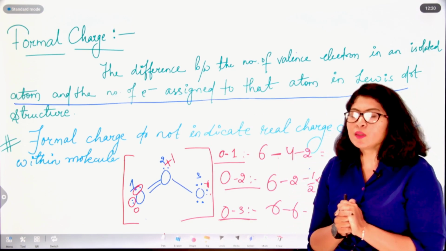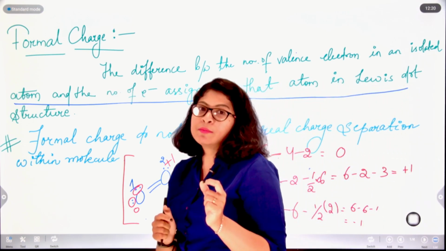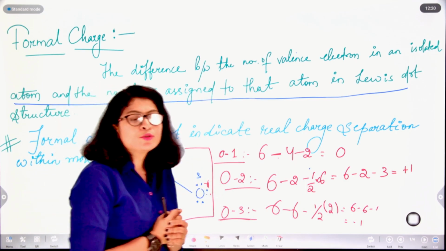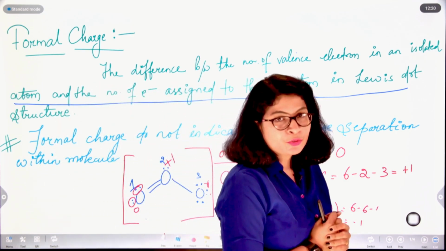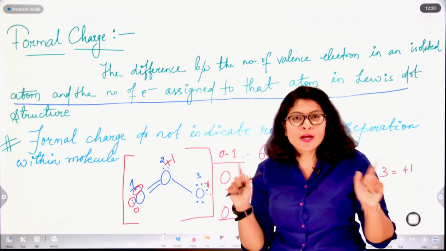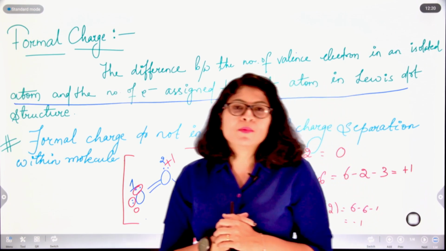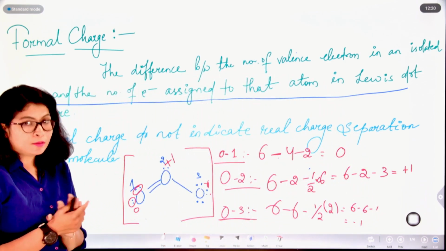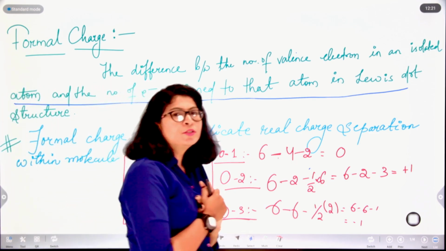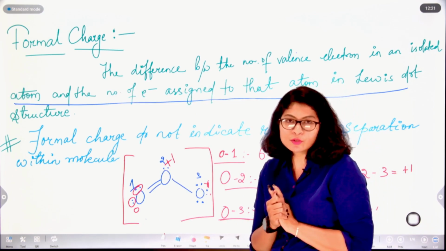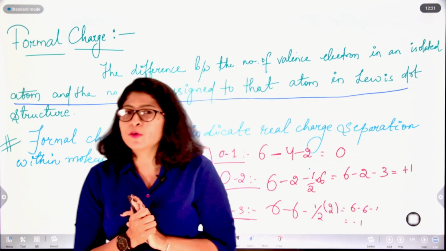Always remember, the central atom always wants to be in a zero formal charge. Okay, and the negative charges always belong to the corner atoms, and positive charge mostly belongs to the central atom. So the structure where the formal charge is minimum is considered to be the most stable structure or the most appropriate structure for any molecule.